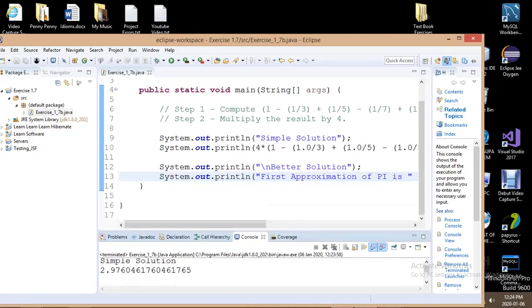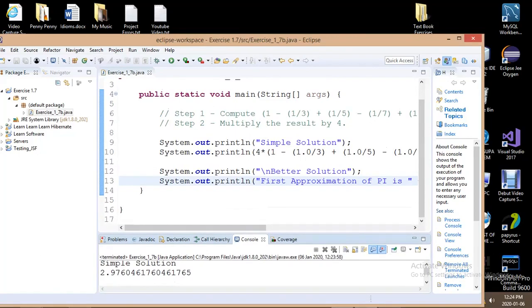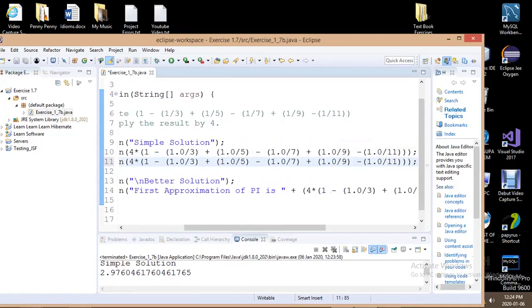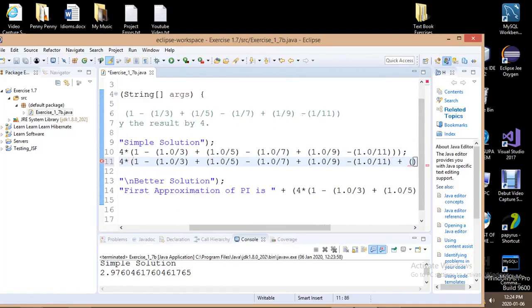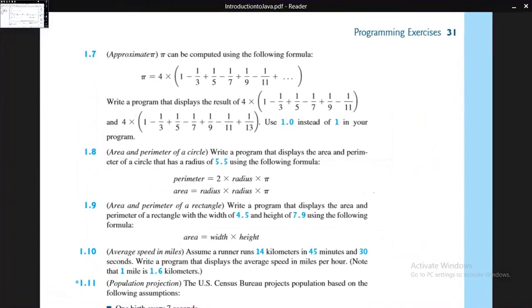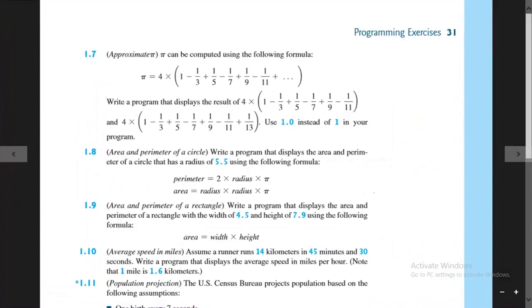Oh, I almost forgot that we're supposed to have two approximations. Here though, we gotta add 1 over 13 if I'm not mistaken. Let's check it out first. Yeah, 1 over 13.